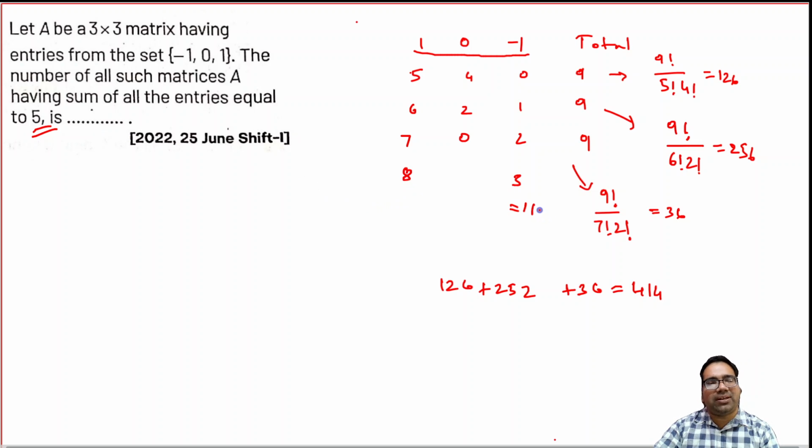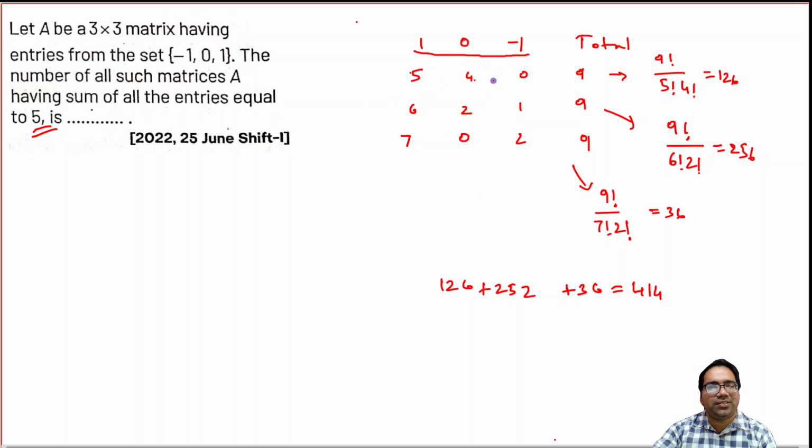But 8 plus 3 is becoming 11. We only can have 9 numbers, as there are only 9 slots in the matrix. So clearly 8 is not possible, and anything above is not possible. So we only have these three ways.